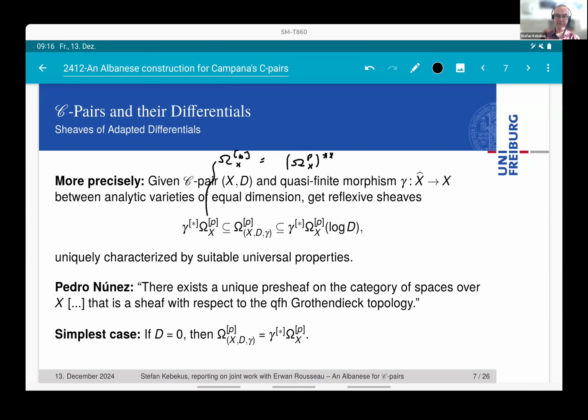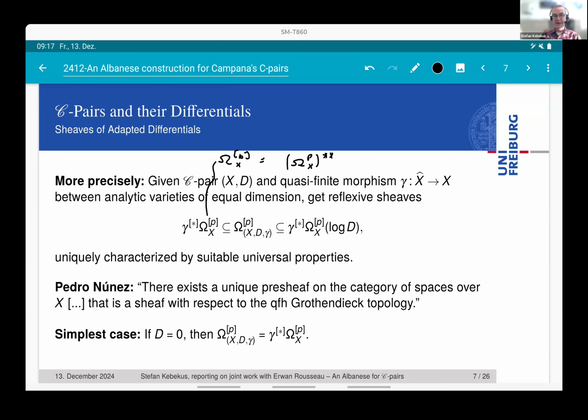So the bottom line is when I have a C pair, I have a notion of differential forms. These differential forms do not exist on our original space. They exist on suitable covers where the ill-defined or multi-valued root functions become well-defined.